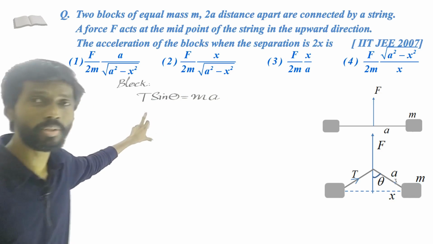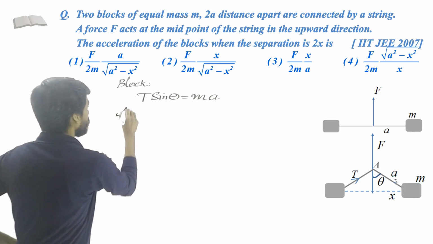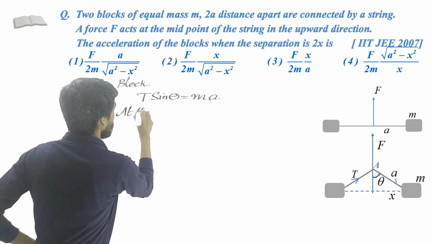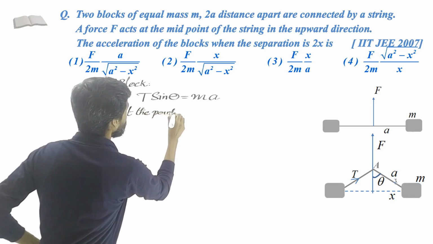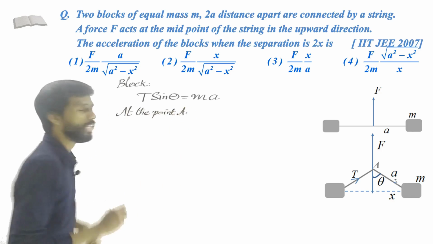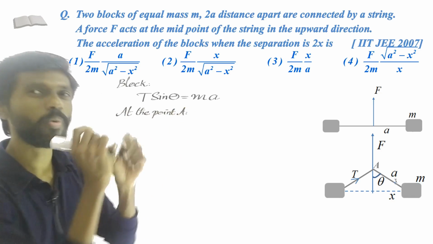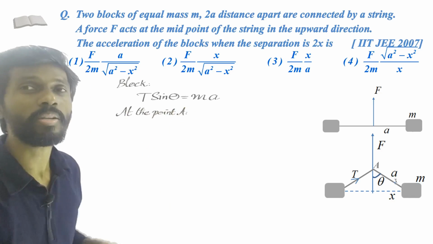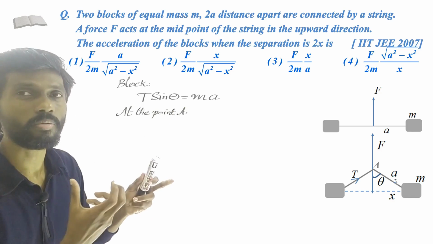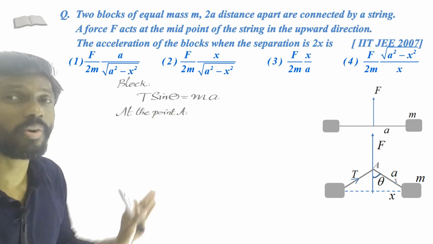Yes. Now what you do at the point A, what are the forces acting? See, point A means only that small portion of that string, so that means that is mass 0, right? At that point, what is the force acting in the vertically upward direction?